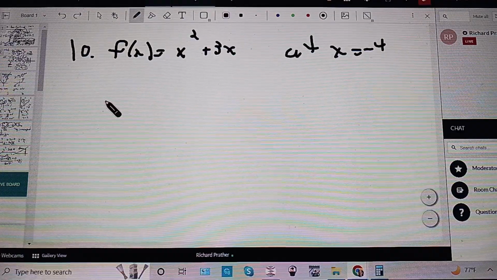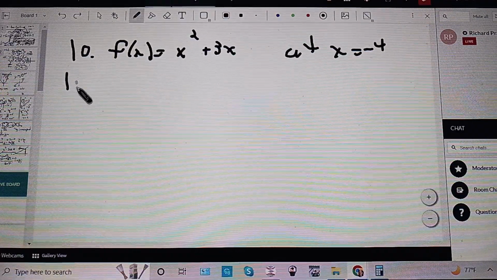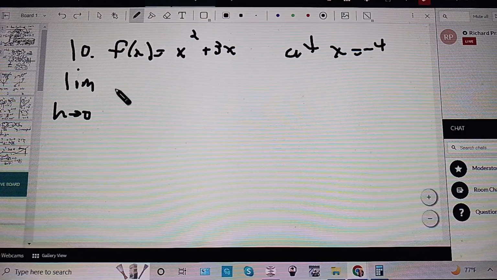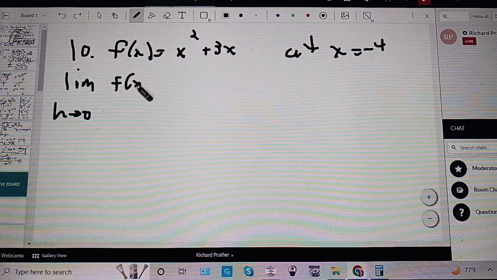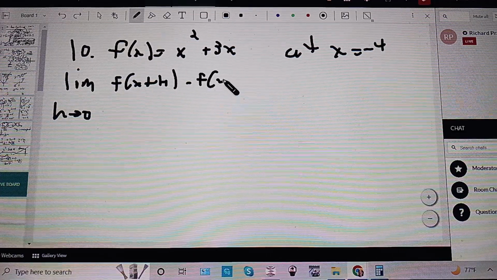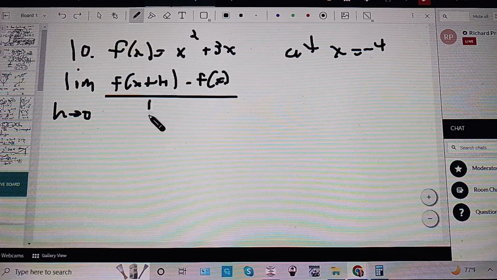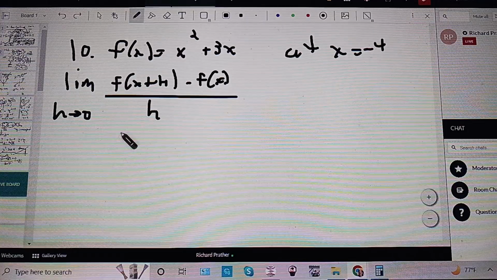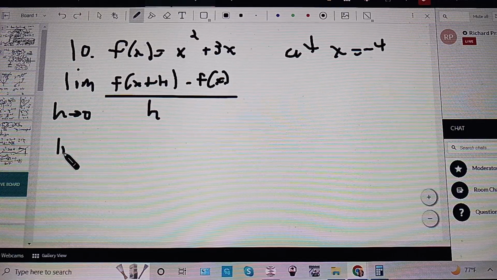This is the other half of that problem. Limit as h approaches 0 of the difference quotient. F of x plus h minus f of x all over h. So we can repeat what we did on that problem towards the beginning of this review. So plug in x plus h into these two x's right here.